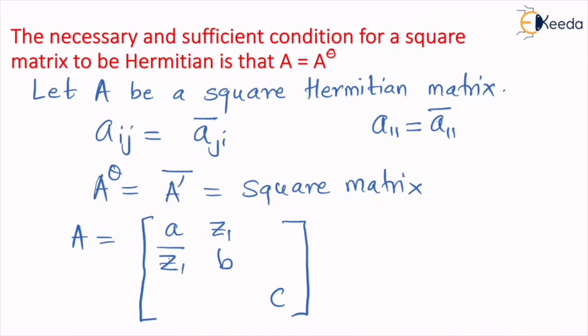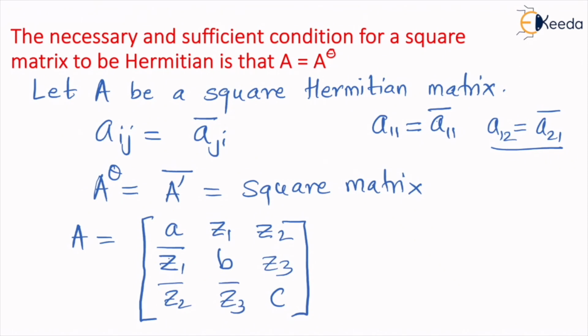So here the position is A12 and it is equal to A21 bar, because only if this condition is satisfied is the given matrix Hermitian. Similarly, if this element is Z2, this will be Z2 bar. If this is Z3, this will be Z3 bar. So guys, here I've considered an example.